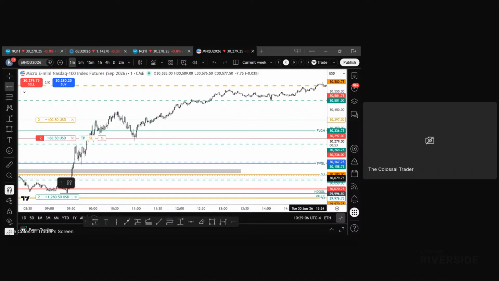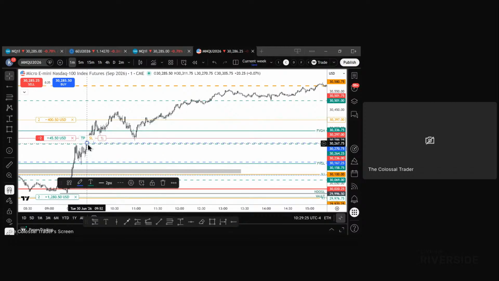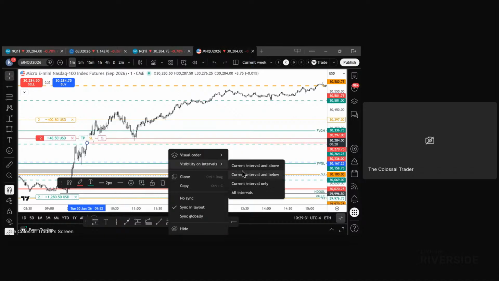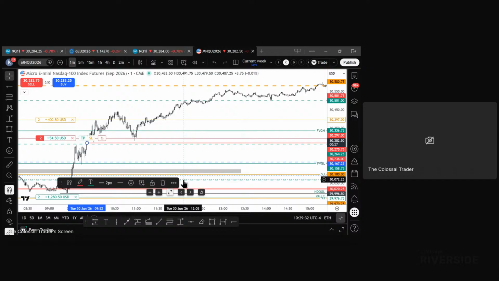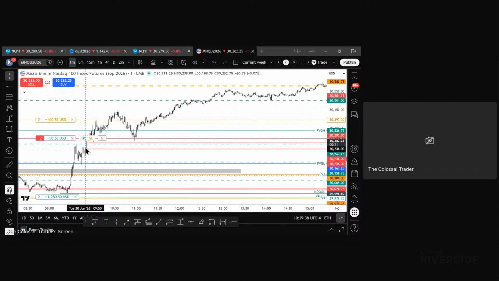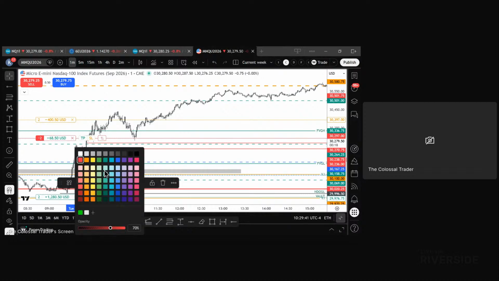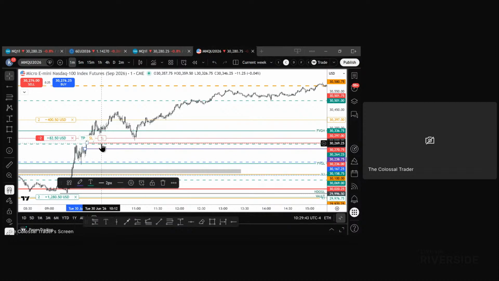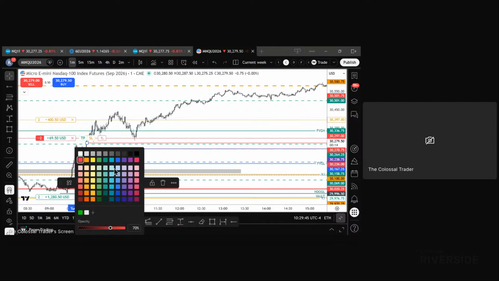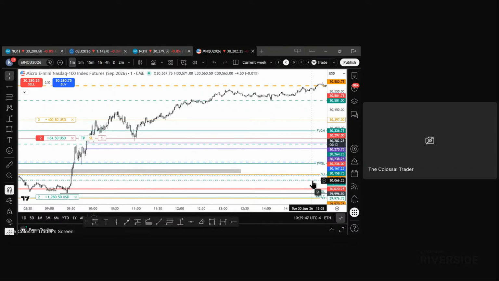Where is my mouse? There she goes. Make this red for a second. Bam. I'm gonna clone this. Make it purple instead. I'm gonna wash this level here, guys.